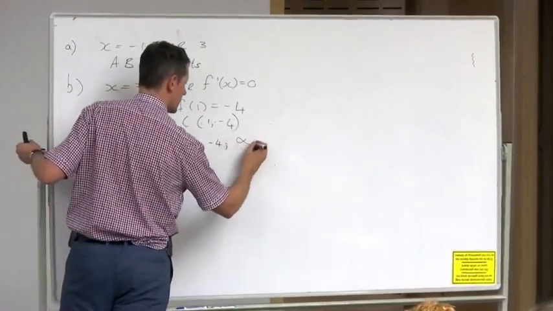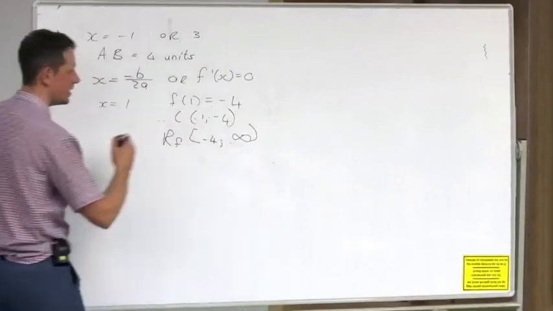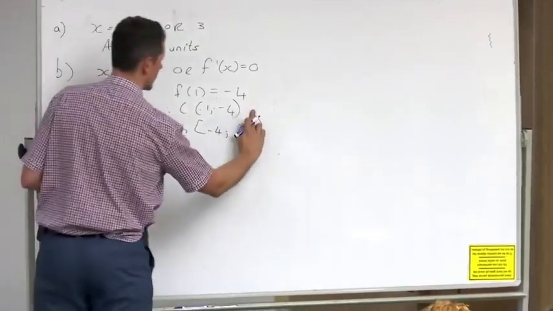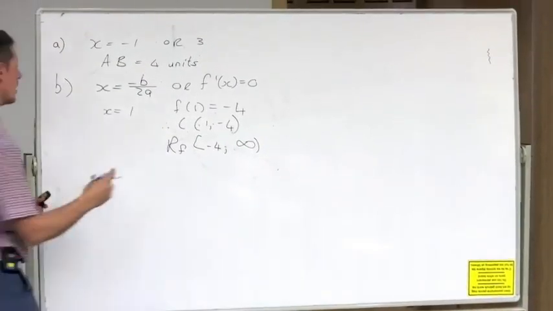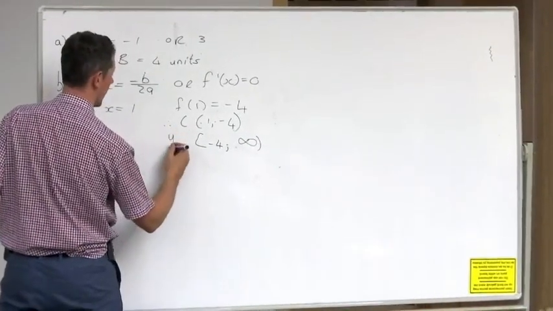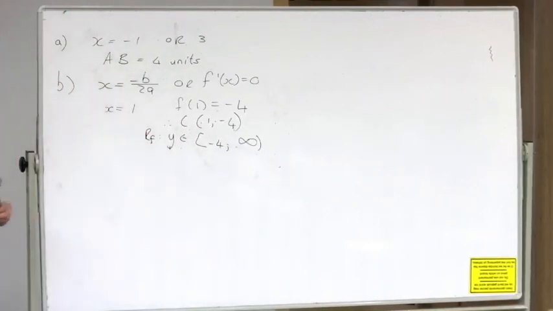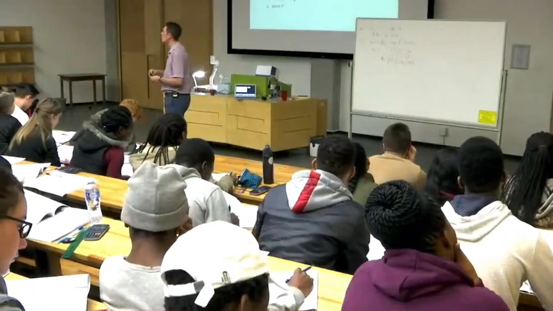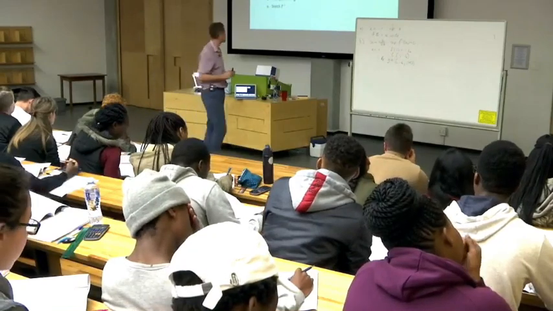My highest doesn't exist. It never touches infinity. And there I've got my range. Oh, and I forgot: y is an element of. That is if I asked you for the range. Learn to break these into smaller problems that you can solve.